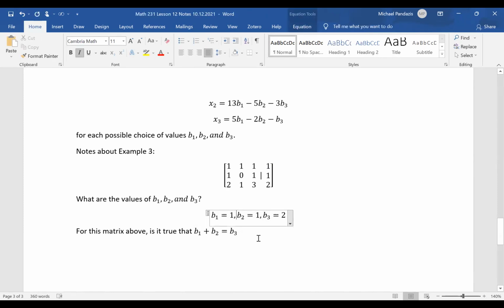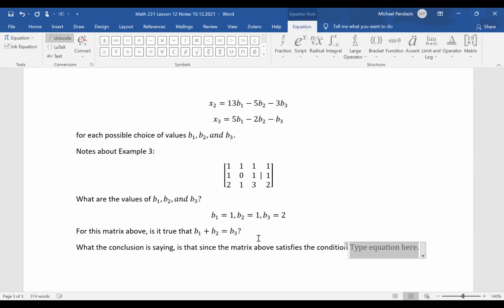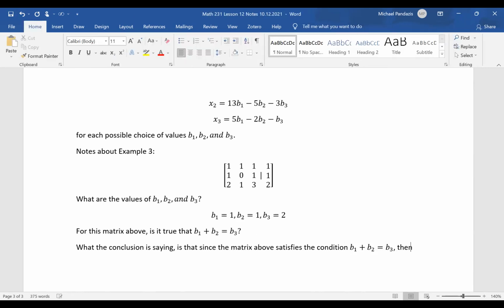Yeah. So what the conclusion is saying is that since the matrix above satisfies the condition B1 plus B2 equals B3, then we know that the corresponding linear system to that augmented matrix is consistent, meaning it has at least one solution.